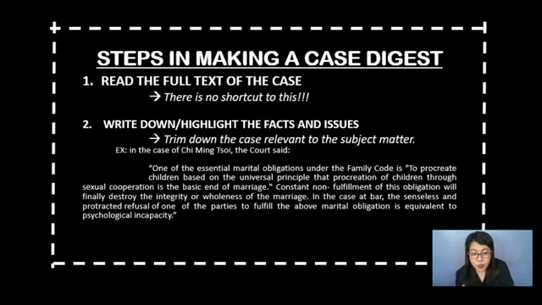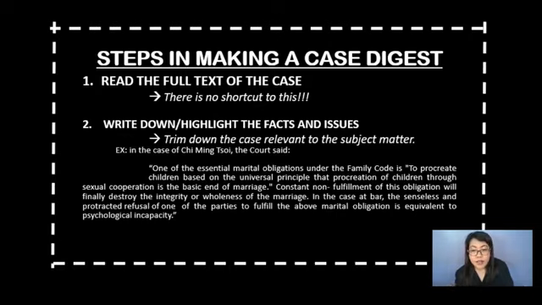And when it comes to the ruling, only those rulings of the Supreme Court relevant to the topic or subject matter should be included. So for example, in the case of Chiming Choi, the court said, one of the essential marital obligations under the family code is to procreate children based on the universal principle that procreation of children through sexual cooperation is the basic end of marriage.